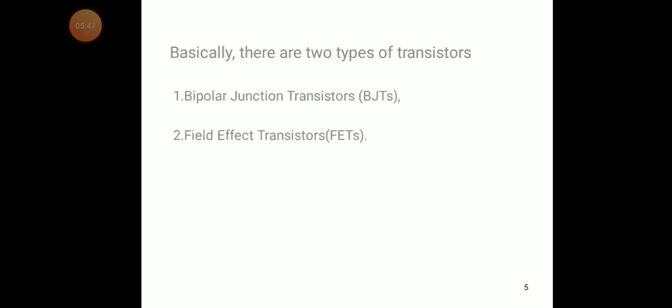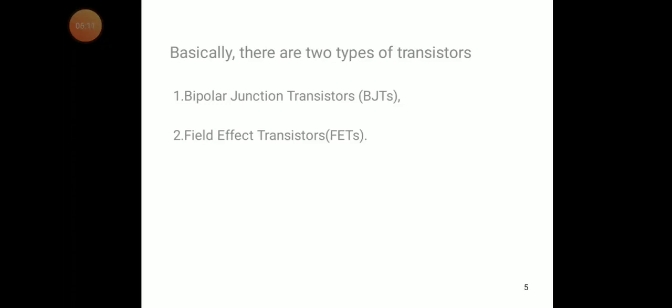So basically there are two types of transistors. The first one is the bipolar junction transistor, BJT. The second one is the field effect transistor.